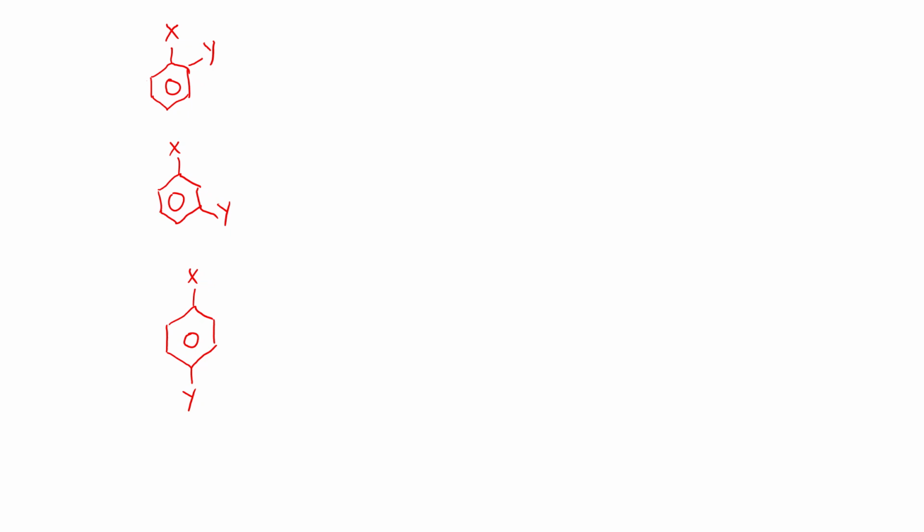When you now look at that, you can see what the symmetry implications are going to be. So in the 1,2 case at the top, you can see there just is no symmetry. Because X and Y are different, it destroys any possibility of symmetry. So for that one, we can say no symmetry, and therefore 6 C13 peaks would be expected in the aromatic region.